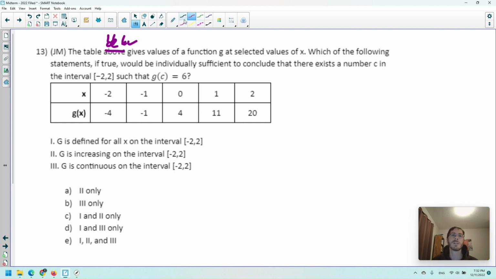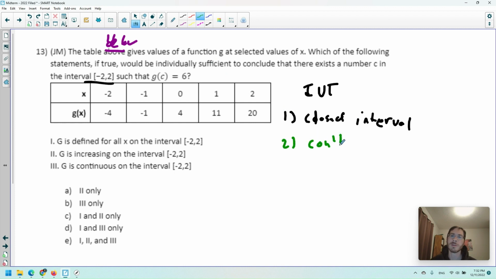So the idea here is we want to set up the intermediate value theorem. We need two things for the intermediate value theorem. First thing we need is a closed interval. We got that. We have our closed interval, so that part's done. The second thing we need is to be continuous over the interval.